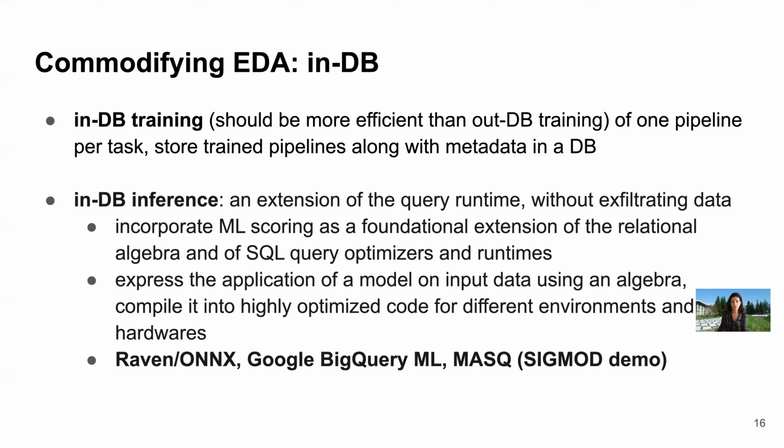And to enable that, one needs an extension of the query runtime with the benefit, of course, of not having to exfiltrate the data. And in-DB inference is also a hot research topic whose challenges are to incorporate ML scoring as an extension of the relational algebra, and that aims to use the power of SQL query optimization, but also tackle additional optimizations that arise.